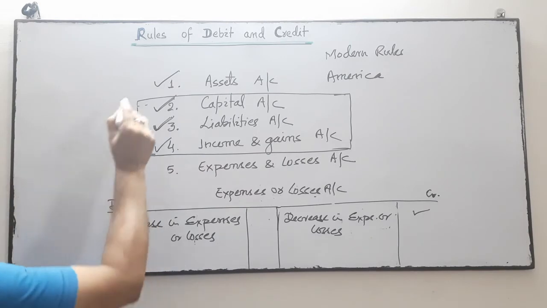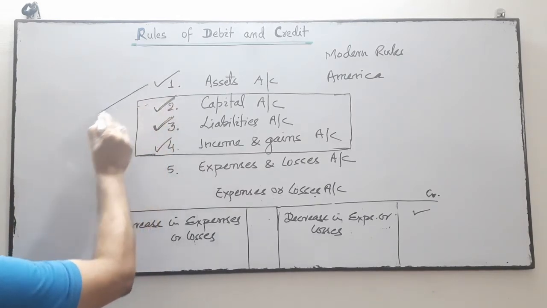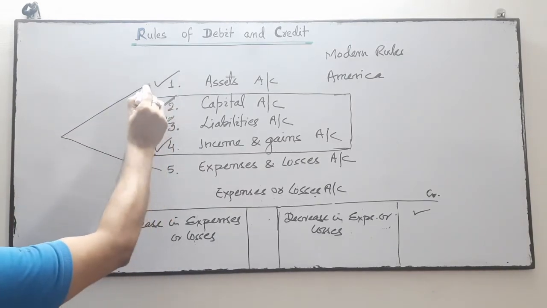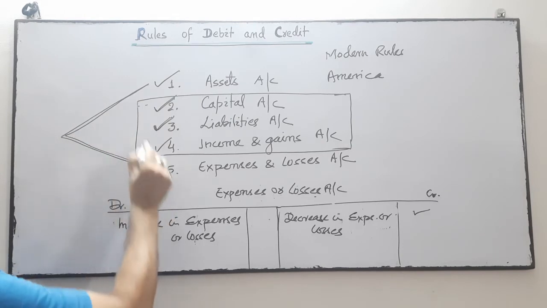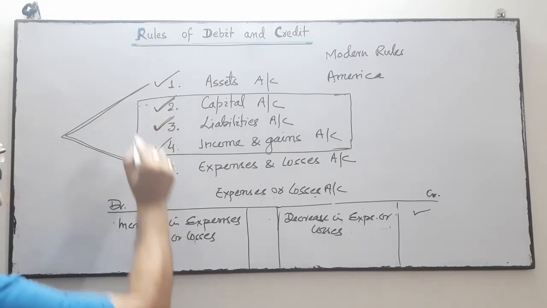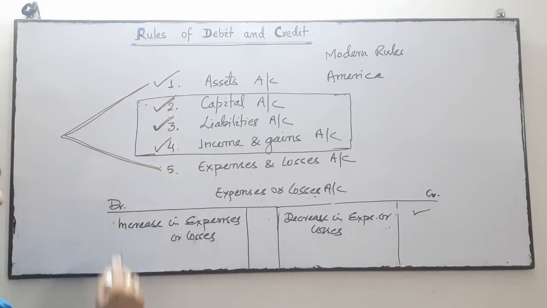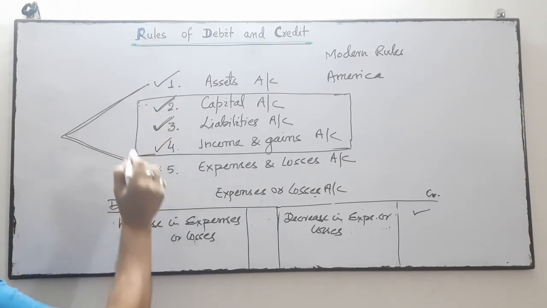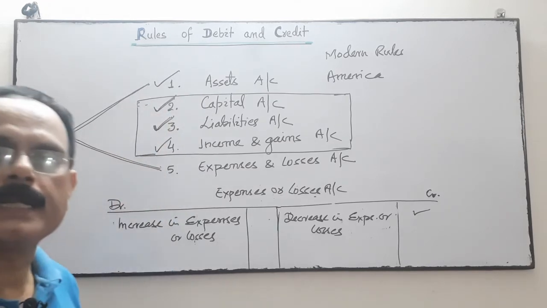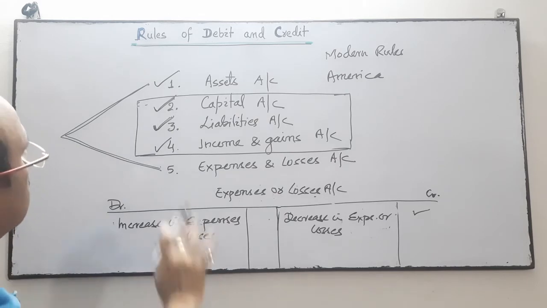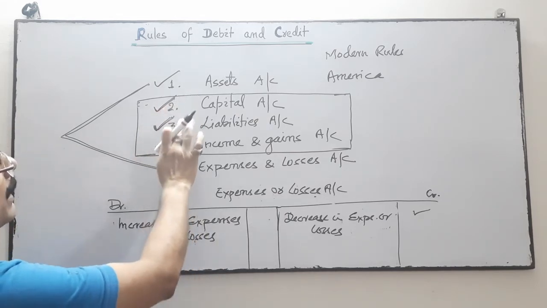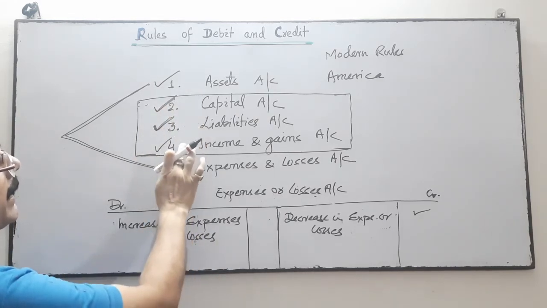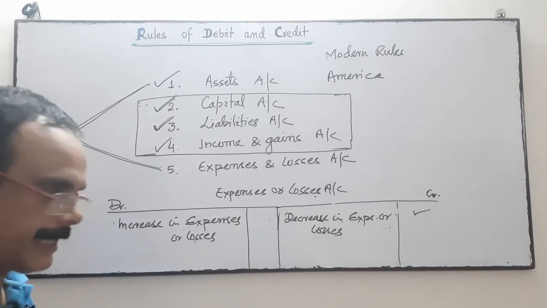So the rules of assets and the rules of expenses are the same. The rules of these two are the same, and the rules of these three are the same. In the same way, the rules for capital, liability, and incomes and gains are the same.